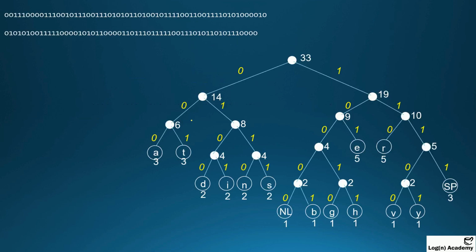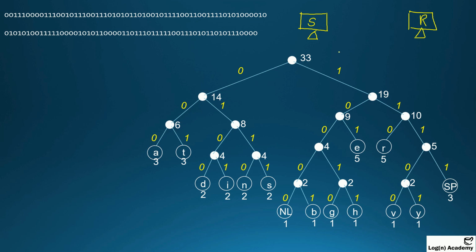Let's check. We have the tree that we created in the last lecture, and to restore the message, let's say this is the sender machine, I'm using S for sender, and this is the receiver machine, and I'm using R for receiver.